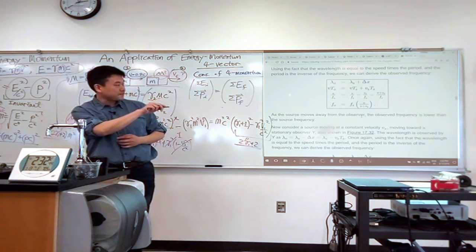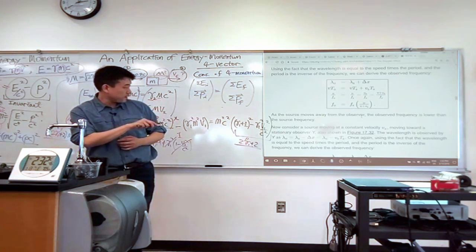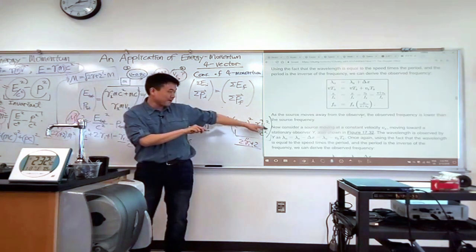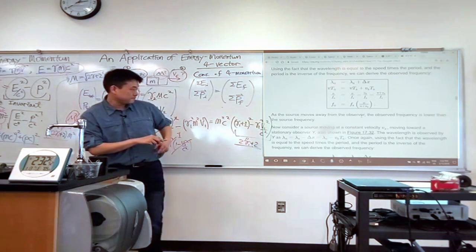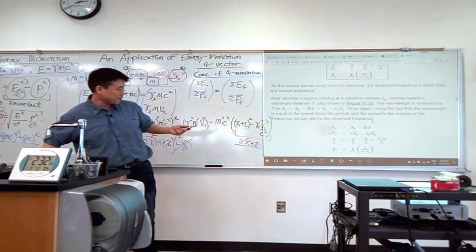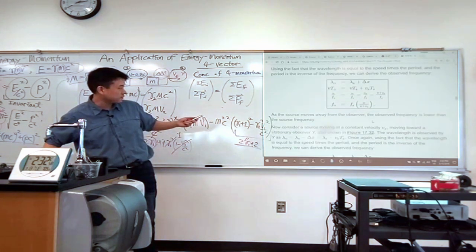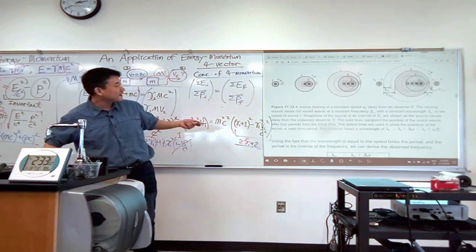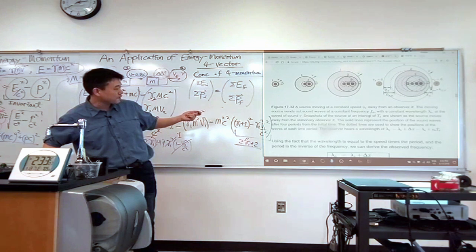But if we are just hunting for formulas, what you'll have to be careful about is that this is the specific situation with the source moving. The next paragraph. There's also a case where the observer, what is it? I may not have read this. Who's moving, the source or the observer? So here the source is moving, right?